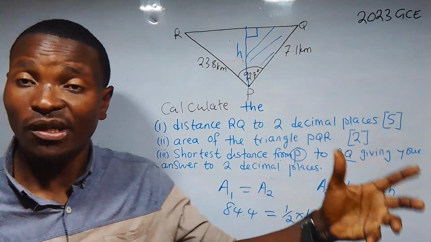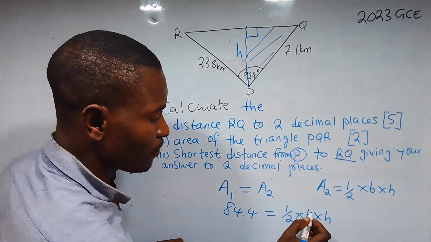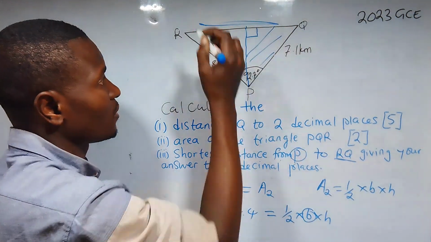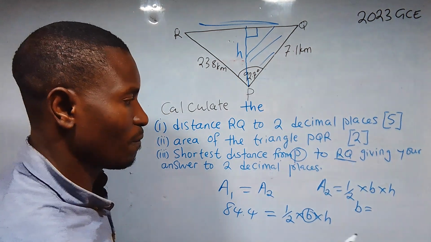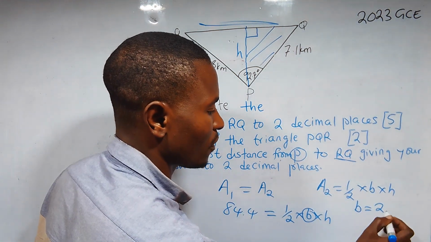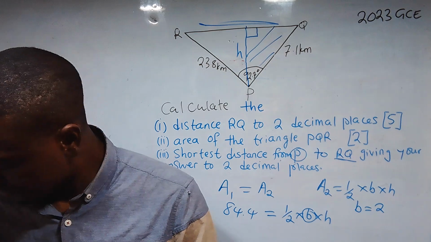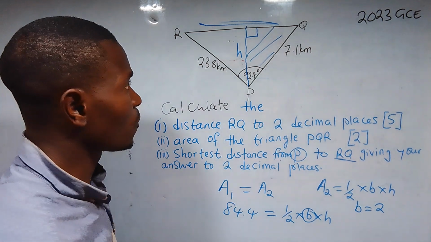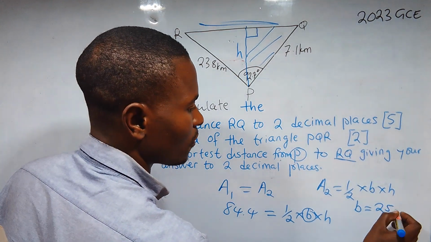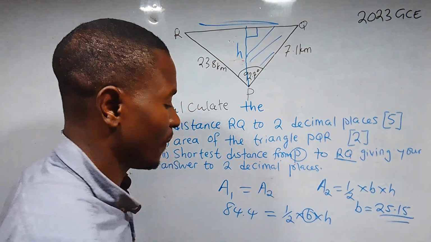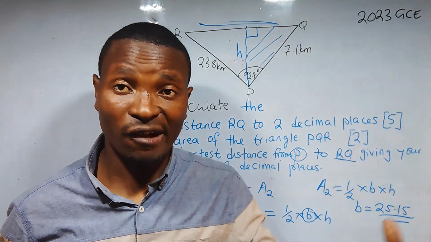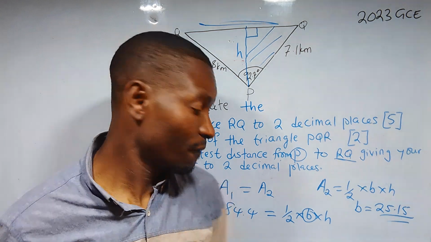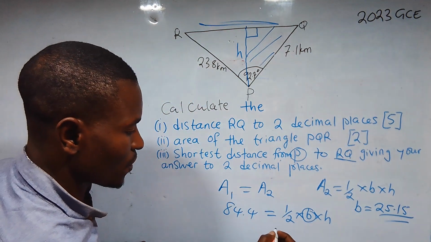That is what you are looking for. And the B is this distance there. So the B equals, this was calculated as 25.15.